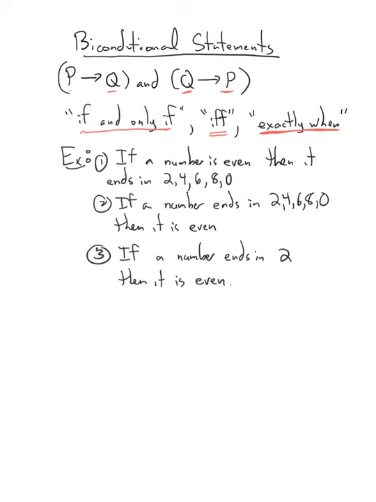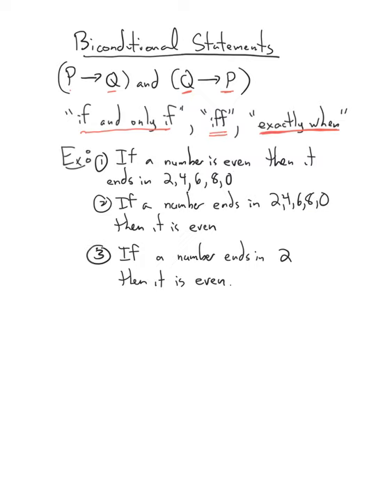So before I show an example of one written out, I just want to talk about what it means. So let's look at these examples 1 and 2. These are just conditional statements. So if a number is even, then it ends in 2, 4, 6, 8, or 0. And this is something that we'll prove a little bit later on in the course. We also have the converse statement, where we flip the if and then parts.